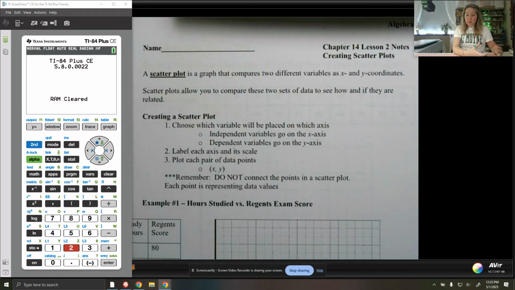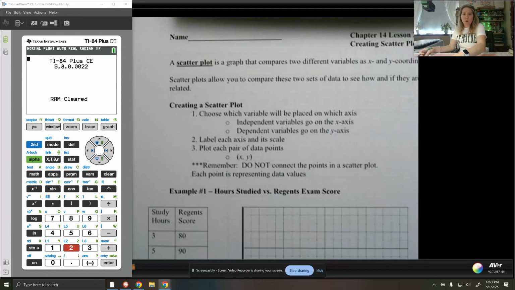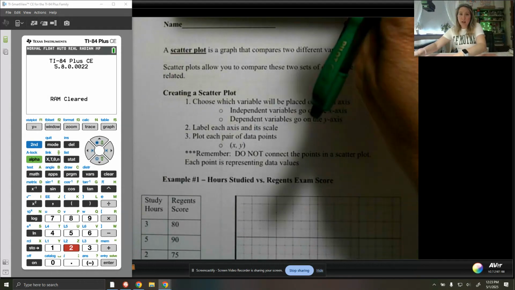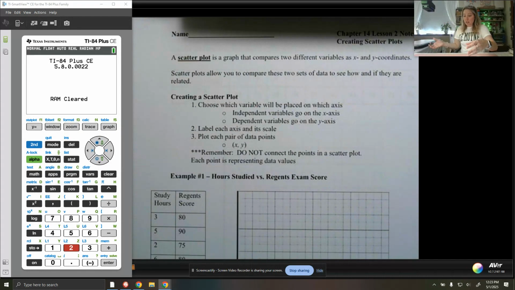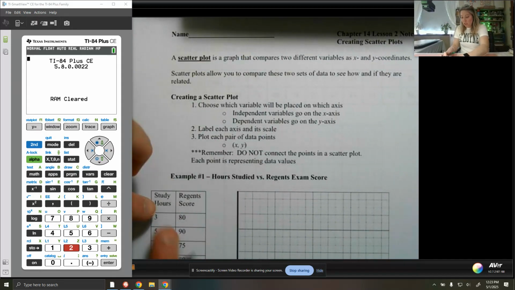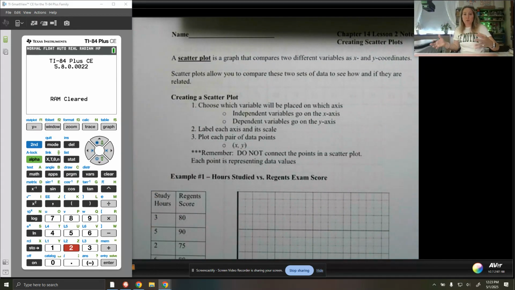So when you're given your sets of data, you will be given two full sets of data. For example, in this example that we're about to plot to create our scatter plot, we want study hours compared to Regents exam scores. So we think that the study hours are going to be the independent variable. And we think that the score you get on the Regents exam is the dependent variable.